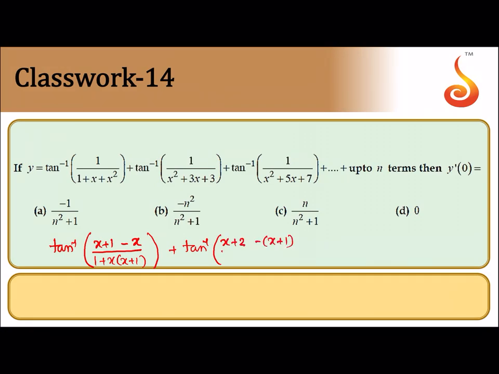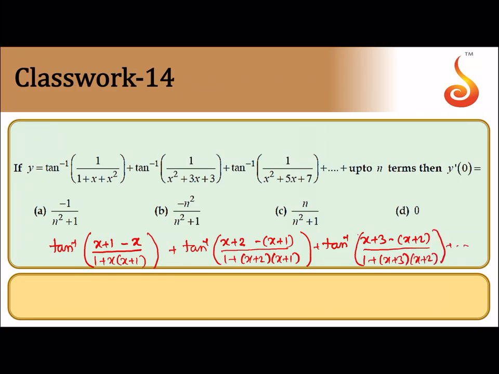Tan inverse, this can be written as tan inverse of (x plus 1 minus x) by (1 plus x into x plus 1), plus tan inverse of (x plus 2 minus x plus 1) divided by (1 plus x plus 2 into x plus 1).